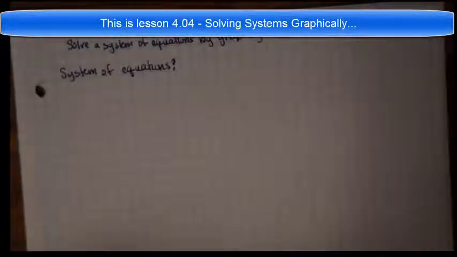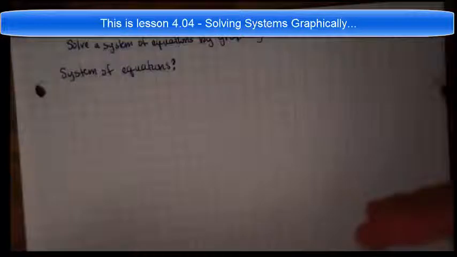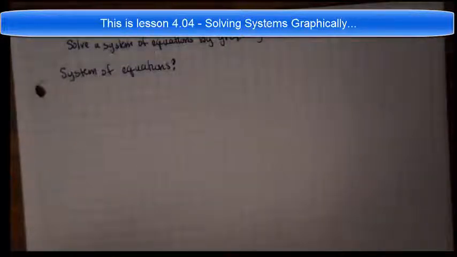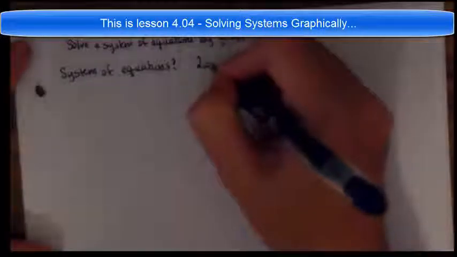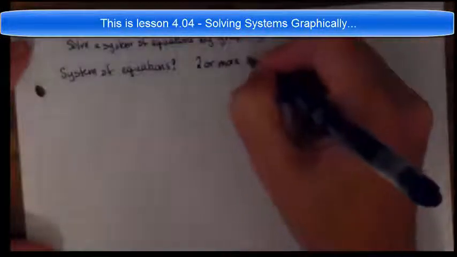Before we can talk about how to solve a system of equations, it helps to understand what a system of equations is. Well, a system of equations is two or more equations.